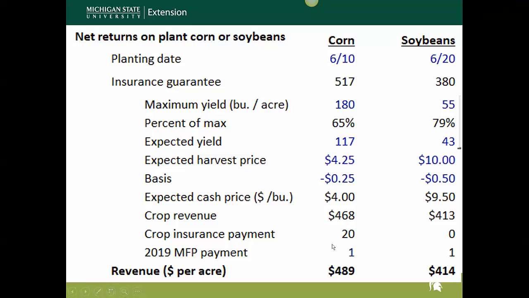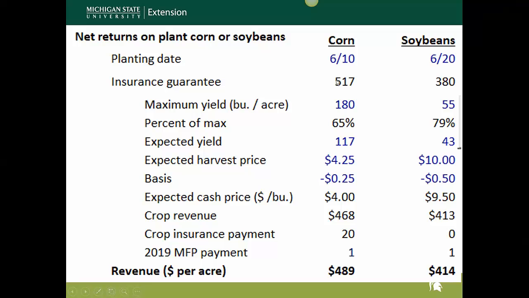Notice that there's a crop insurance payment. Even though the revenue guarantee dropped a little bit, and the revenue from the crop here is at $468, there is still a crop insurance payment that does come in. Notice that the crop insurance number that's used is the $4.25, because that's the harvest price. The cash price that you got was the $4 price.